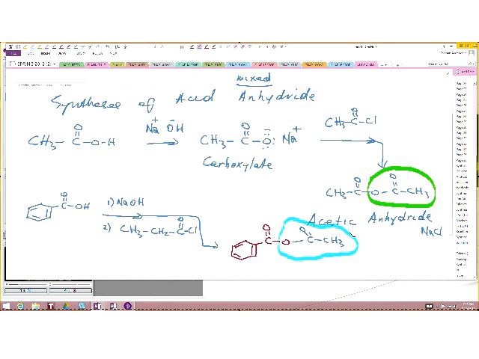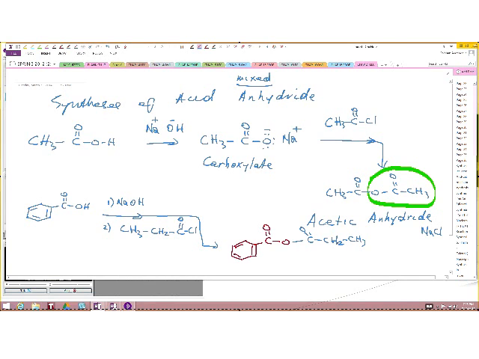I'm missing 2 carbons here. So it looks like this part is coming from propanoic acid.